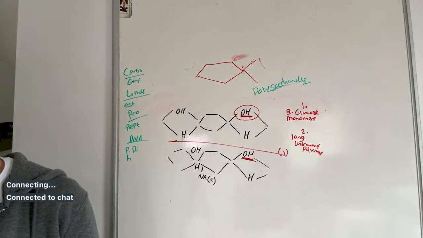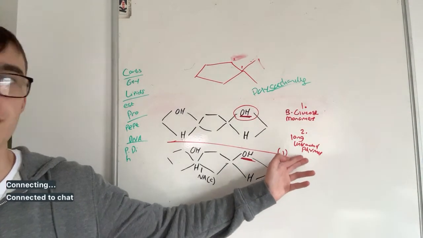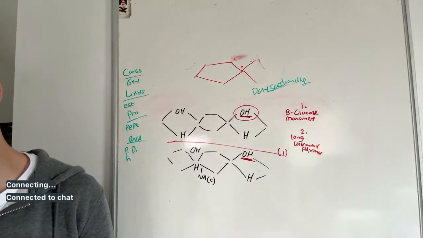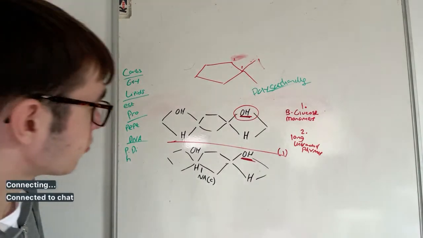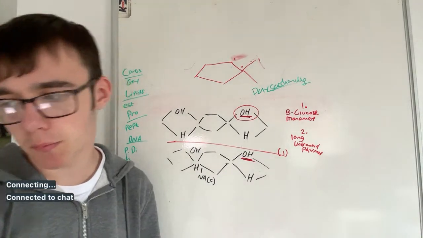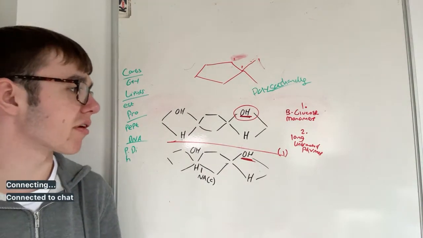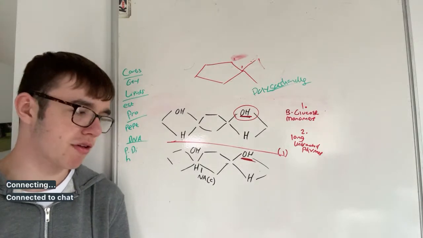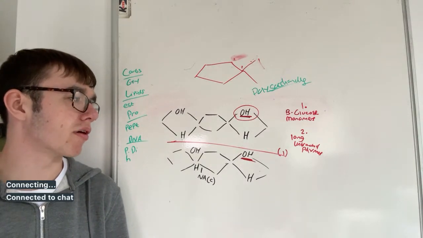So, forms straight unbranched chains. We said long unbranched polymers. Would we have gotten it for that? I don't think we would have, but we were close. It's about the phrasing. You guys have to remember I haven't done this in ages. I phrased it badly.